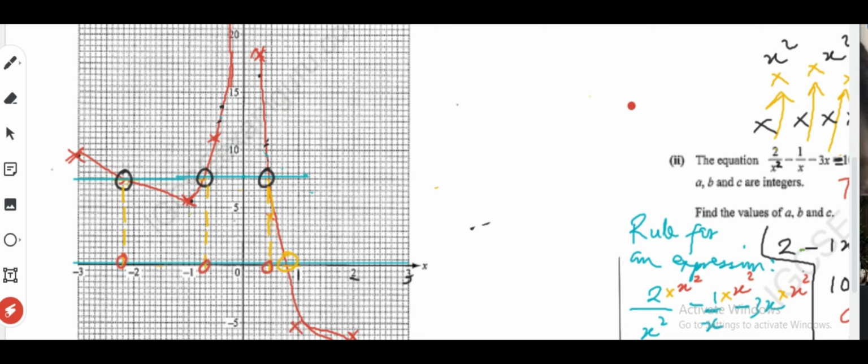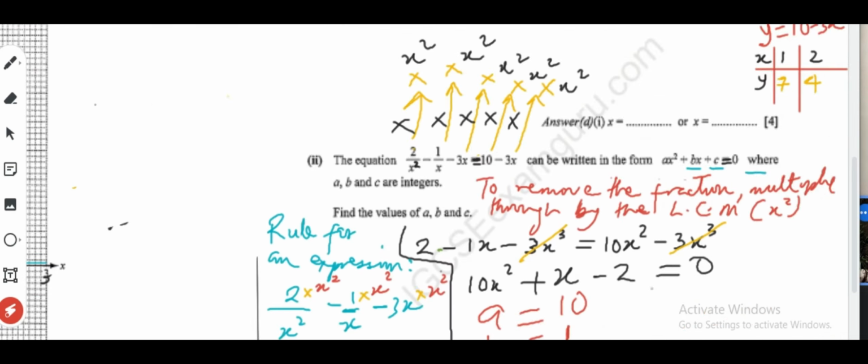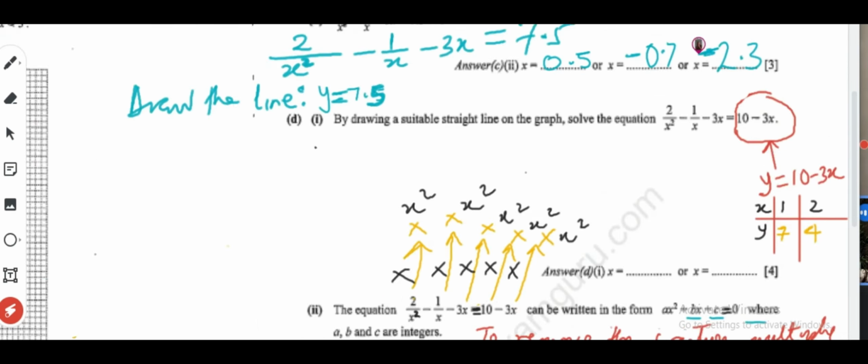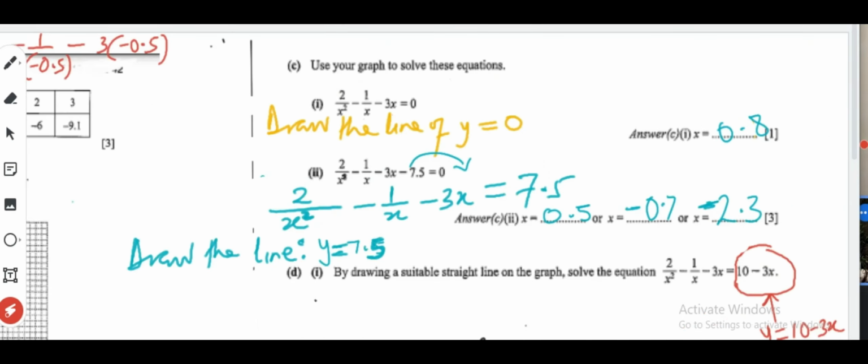Minus 2 thereabout, yeah, minus 2.3. So we have minus 2.3, minus 0.7, and 0.5. So those three answers: 0.5, minus 0.7, minus 2.3. Okay. Look at this question now.